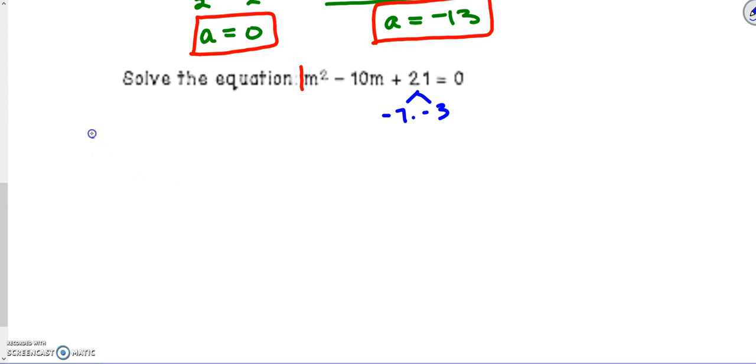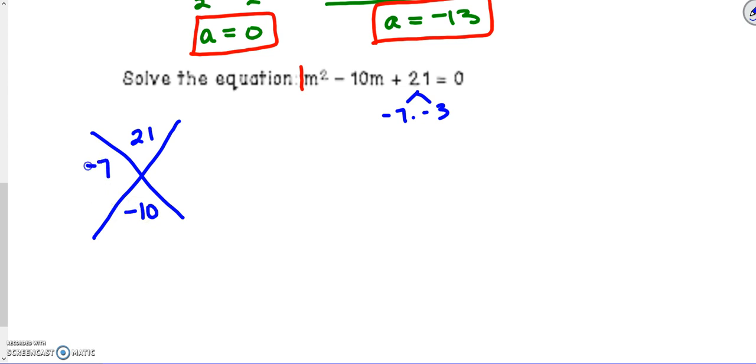The other option you have for that is to do the x method, where you multiply the first and last term together. So that gives you 1 times 21, which is 21. Take your middle term, which is the negative 10, and then factors of 21 that will give you negative 10.